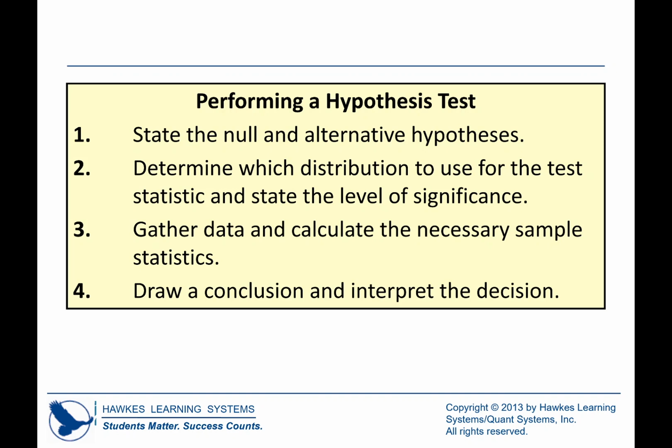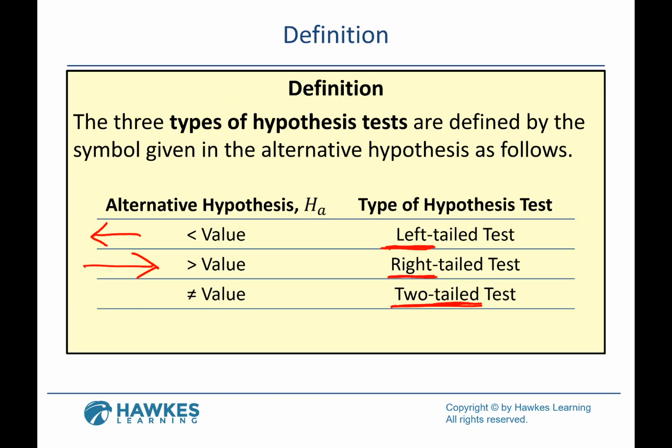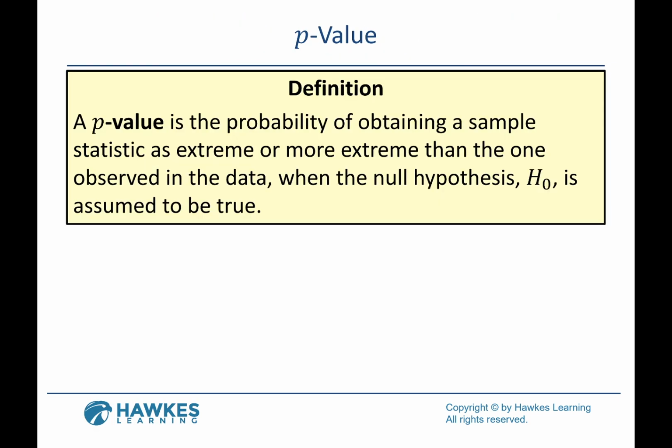So in this section, the way we are going to draw a conclusion, and this is by far the most popular way to draw a conclusion with a hypothesis test, is by using something called a p-value.